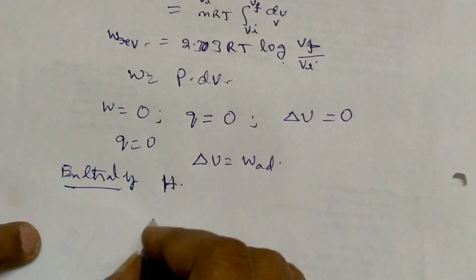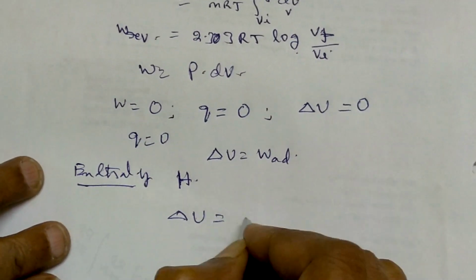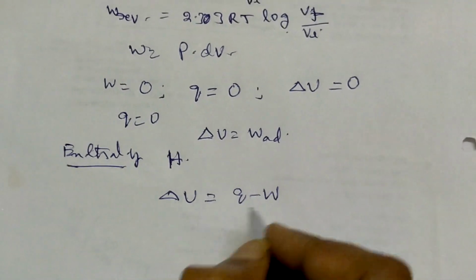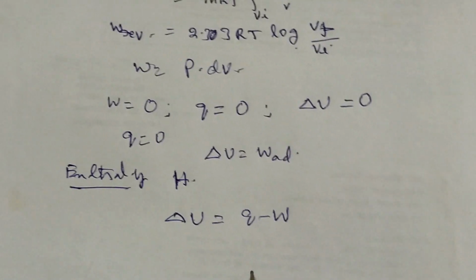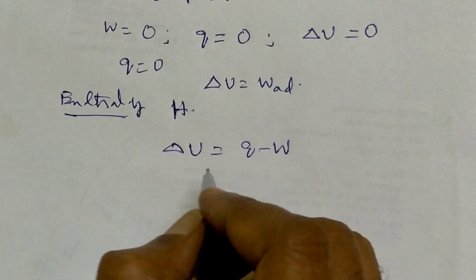Now go back to the formula delta U or delta E equals Q minus W, where W is work done. Sometimes we write Q plus W, don't get confused.